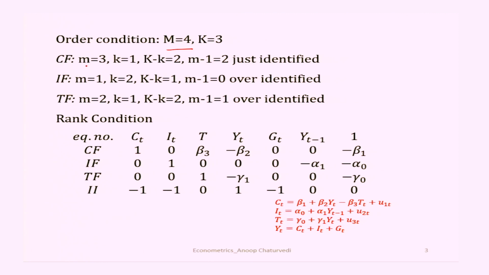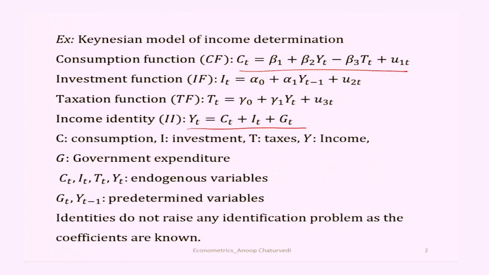For the consumption function, small m is equal to 3. The consumption function has 3 endogenous variables: C t, y t and t t.